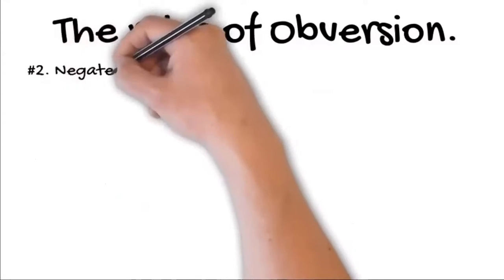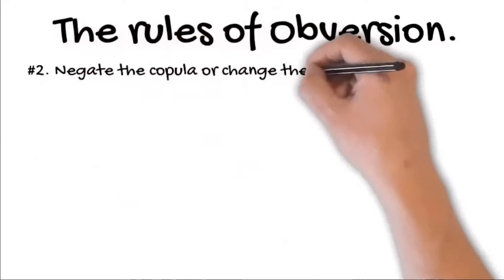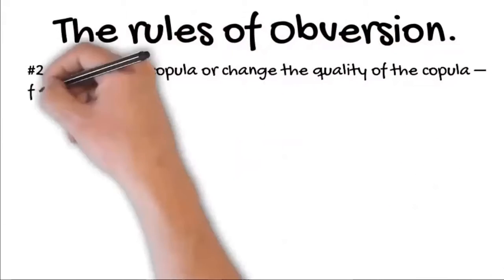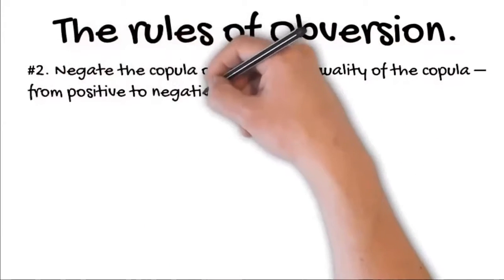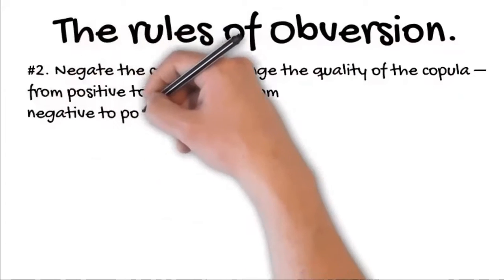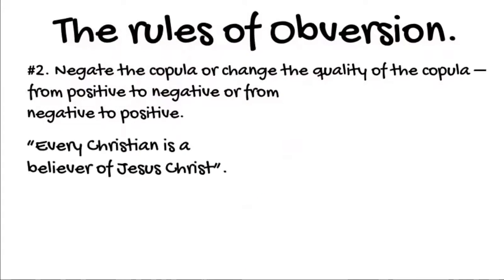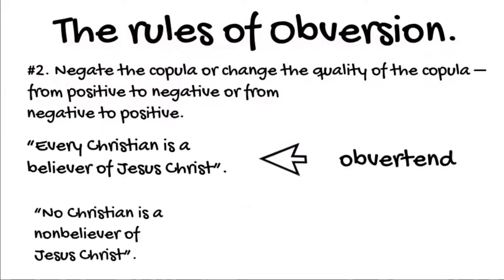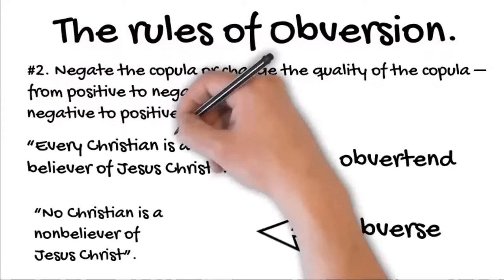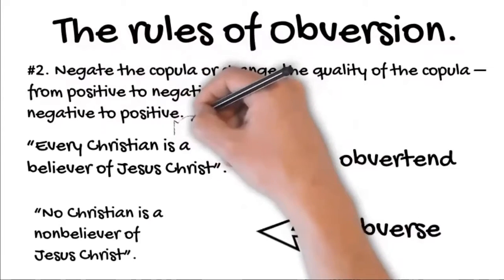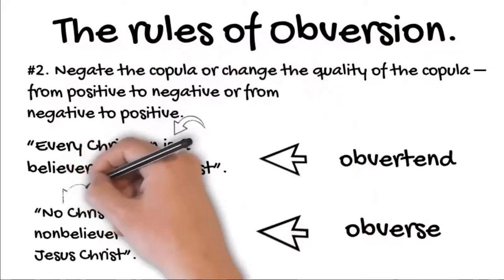We also have a universal subject term in the obverse. Rule number 2, negate the copula or change the quality of the copula from positive to negative or from negative to positive. In the given proposition, we have a positive copula because we have a positive proposition. So in our obverse, we negate it in order to follow rule number 2.